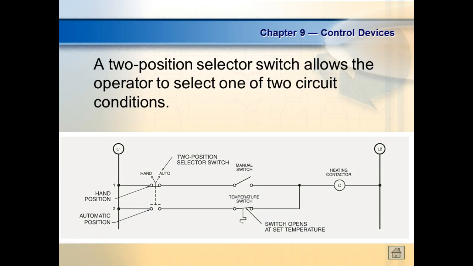So what it's telling us, if we put it on the right side, then we're going to close the top set of contacts, and the bottom set of contacts are going to do what? They'll open. And if I move it to the auto side, then what's going to happen? Then the top set of contacts are going to open, and the bottom set of contacts are going to close. Everybody okay? And what's this a symbol for? Not a hook switch, right? Yeah. And of course, that's just a manual single pole, single throw switch.